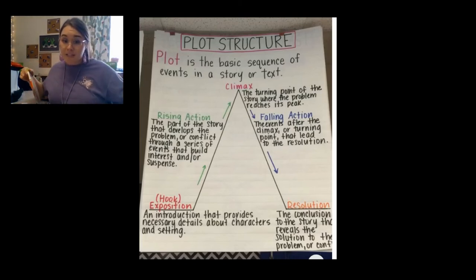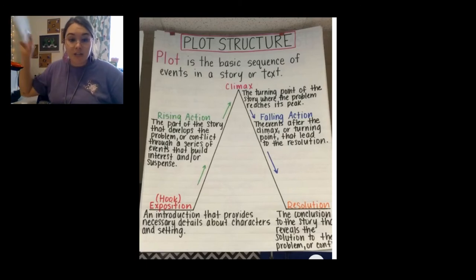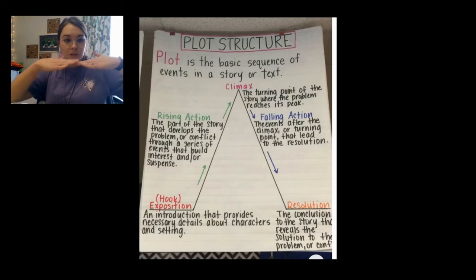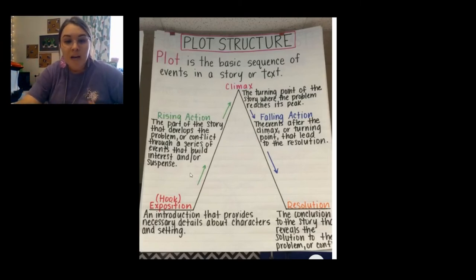Now, there are fancy words that go with every single section of this plot chart. This plot chart looks like a mountain with 2 little ends right here, and then it comes up into a mountain. So, the first part is an exposition. Now, you think that sounds real scary. An exposition is just like the beginning. The characters and the setting. That's all an exposition is. It's the beginning part of a story.